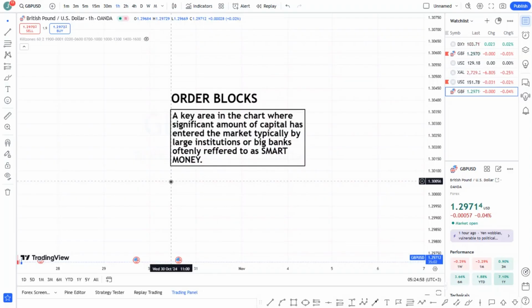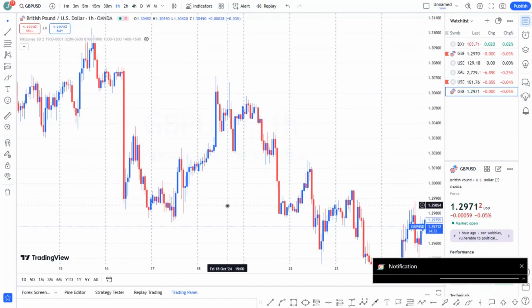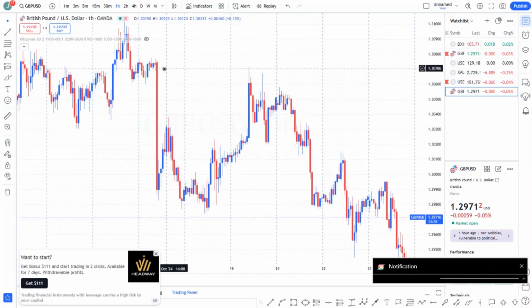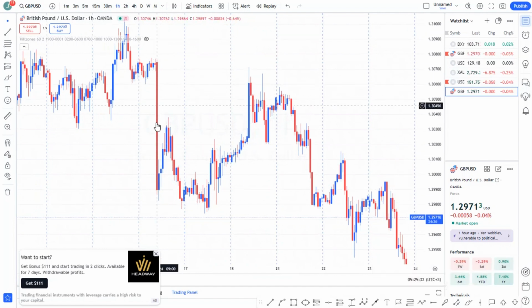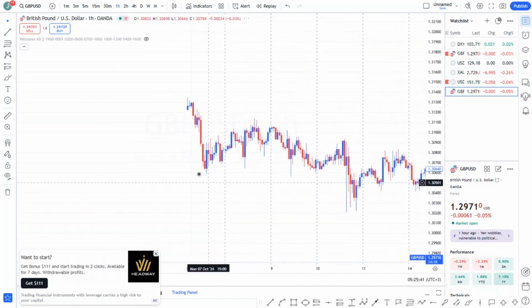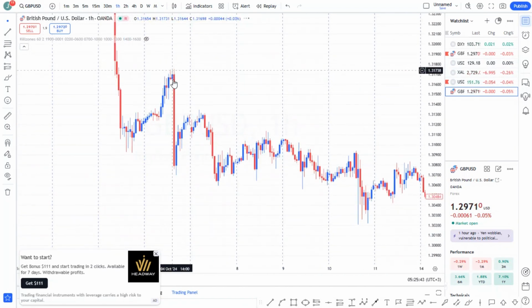So let us go and look into the chart and try to explain something about order blocks so that you will understand even better. For example, in such a chart, you would see such big, massive, huge candles. When you see such huge candles, you should know that there's been an impact, a massive order placement at such a zone, at such a price.